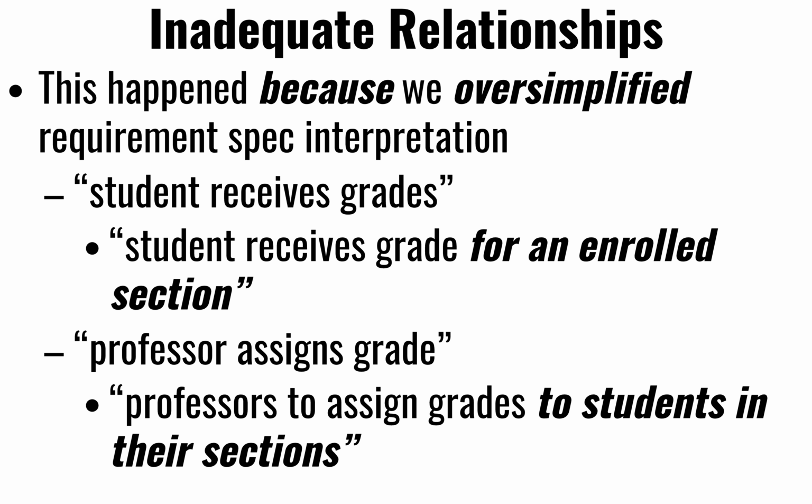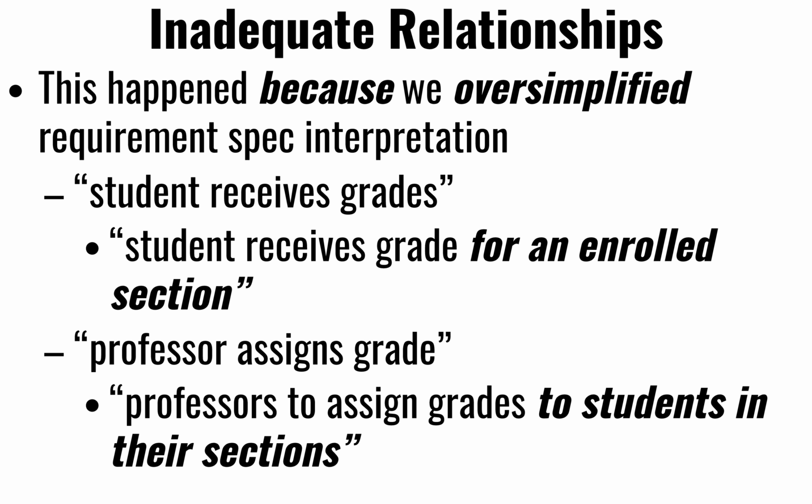It's actually a three-way relationship between student, grades, and section, right? So you need to look at the verb phrase and see which ones are related to one another: students, sections, and grades. And same thing with the professor. We read it as a binary relationship when we said professor assigns grade, when we should have really read professor assigns grades to a student, right, in a particular section.